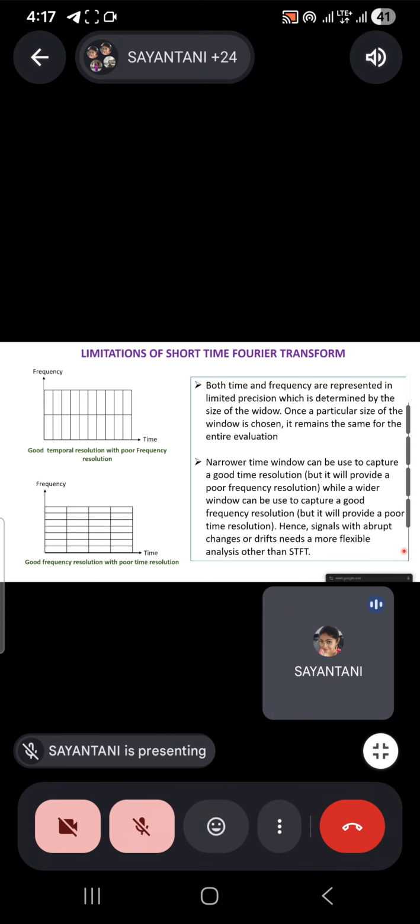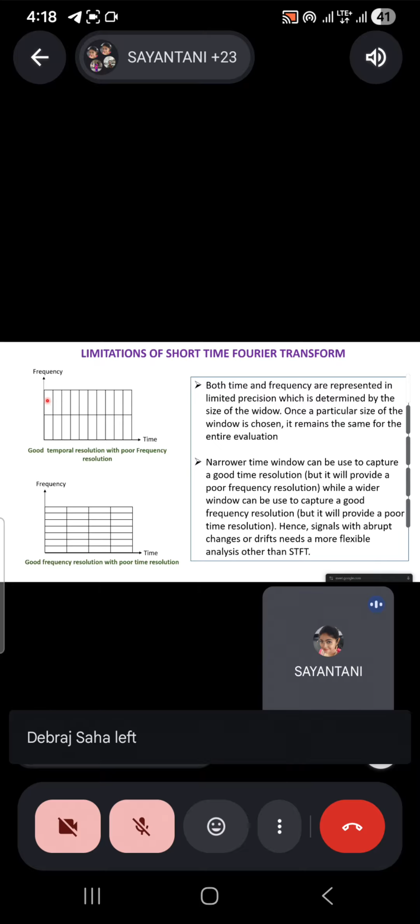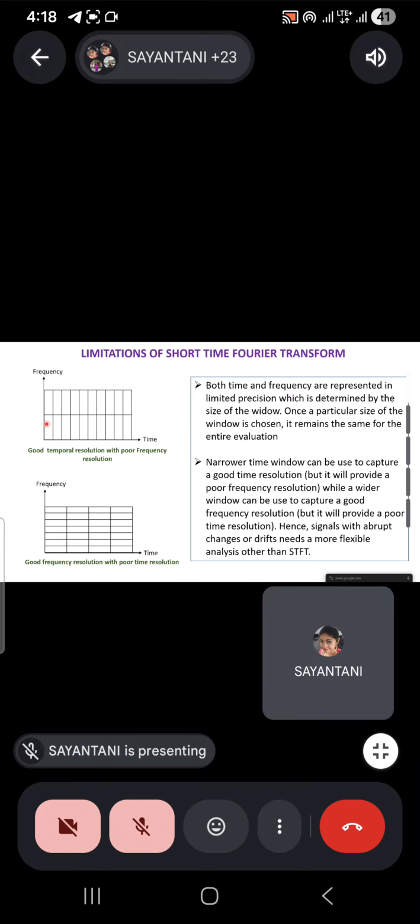Now, we know that frequency and time are inversely proportional. That is how they are related. So what if I prepare a time window which has multiple time slots capturing different time domain based information, but if I'm doing that, I'm getting a poor frequency resolution because the frequency slots are reducing.